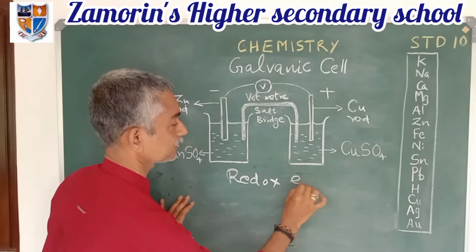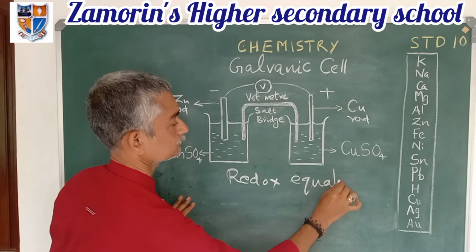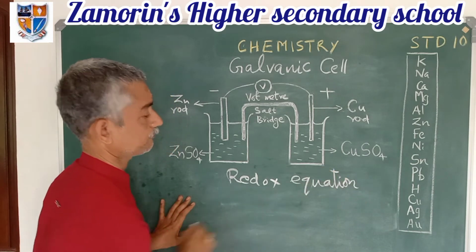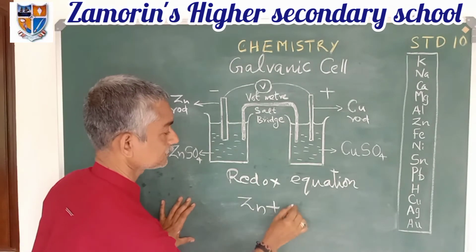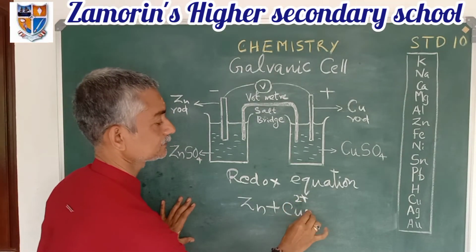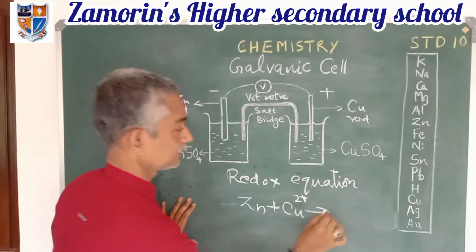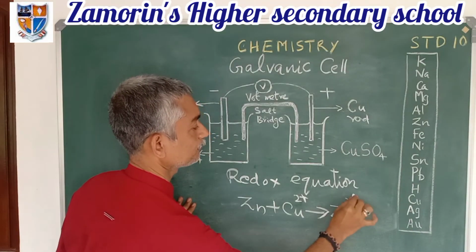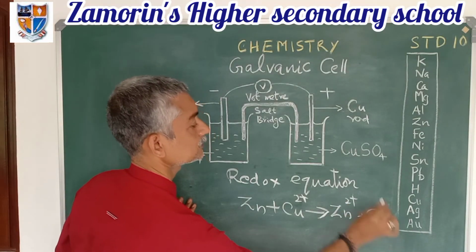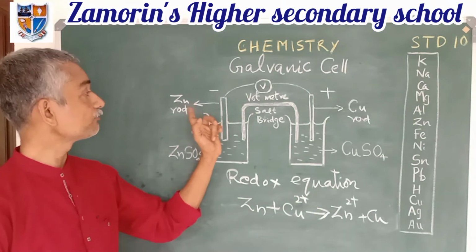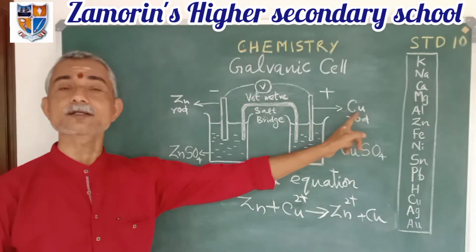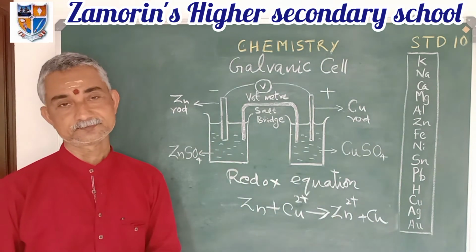Redox equation: Zn plus Cu2+ gives Zn2+ plus Cu. This is the redox equation of the zinc copper galvanic cell.